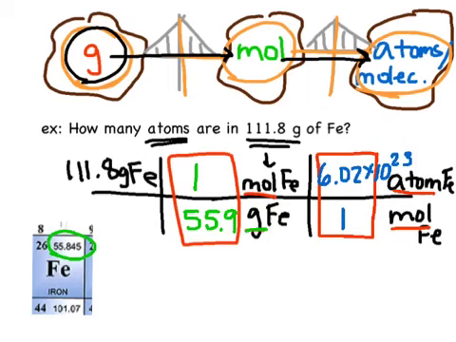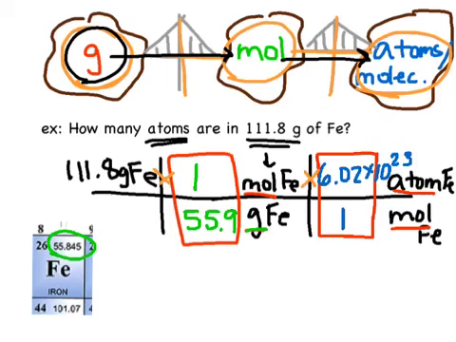All right, so now here's where you have to have a scientific calculator handy, because we are dealing with exponent numbers. So we've got everything filled in. Now we have to do our math. We're going to do 111.8 times 1 times 6.02 times 10 to the 23rd.